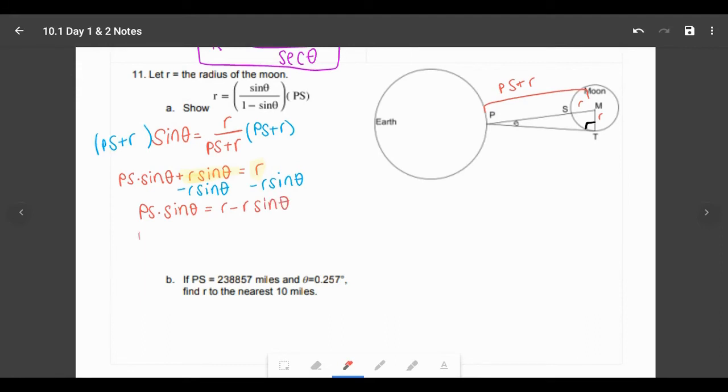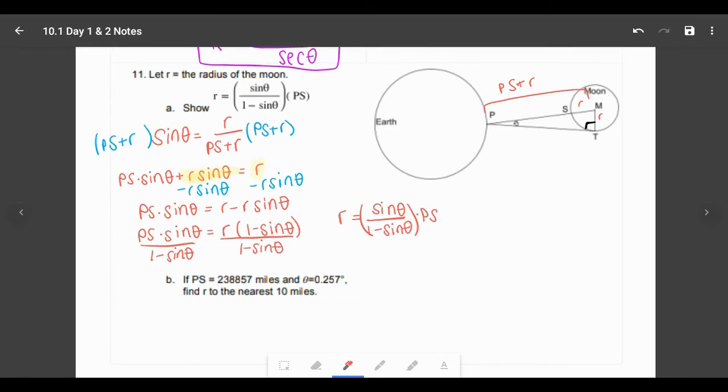And if I factor r out, and then solve for r, so divide both sides by 1 minus sine theta, we end up getting that r is equal to sine theta over 1 minus sine theta. And that whole thing is multiplied by side PS.